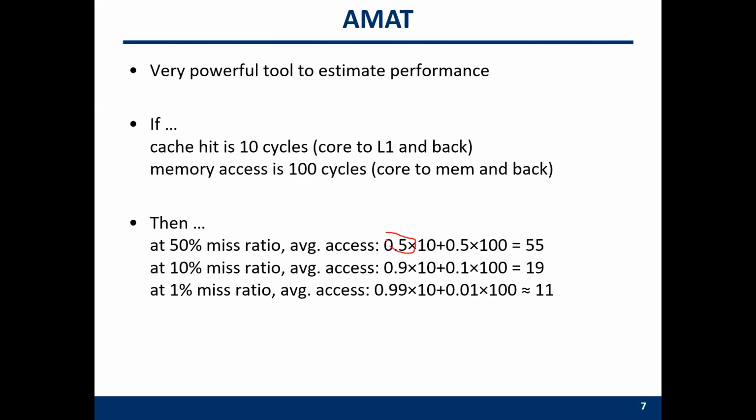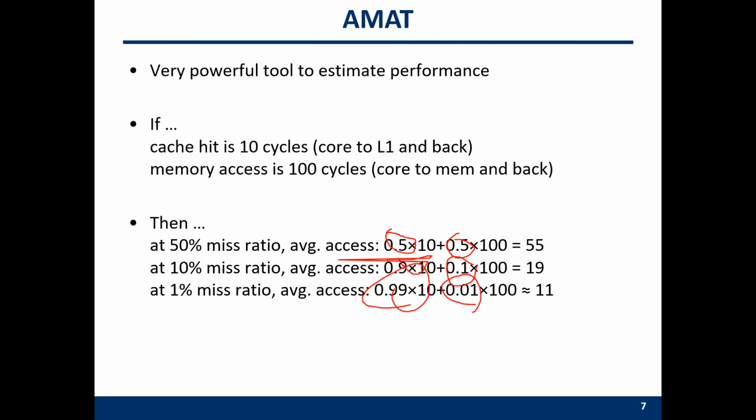This is the hit rate. This is the miss rate. Miss rate equals 1 minus hit rate. So you can see this is the hit rate, this is the miss rate.